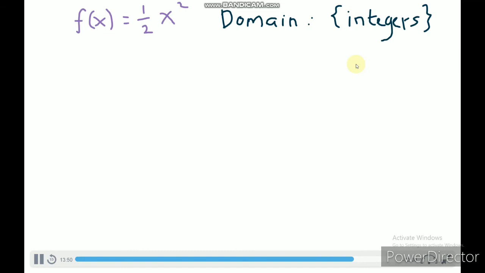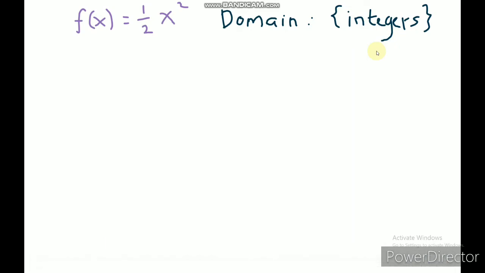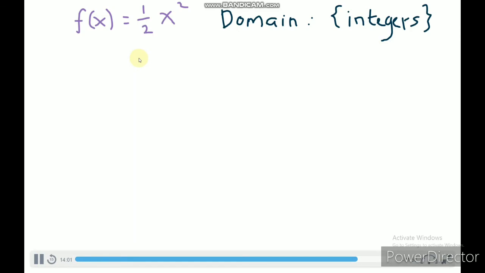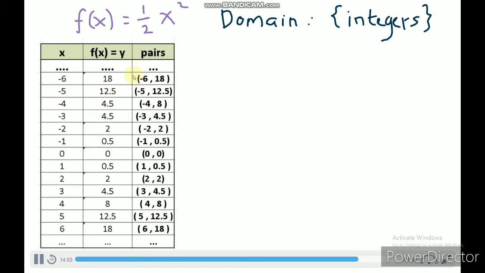The next one, let's see, if I change the domain into integers, so all integers can be your solution. Let's find its pair to satisfy the equation. Since it is integers, of course, we have many members of your domain.